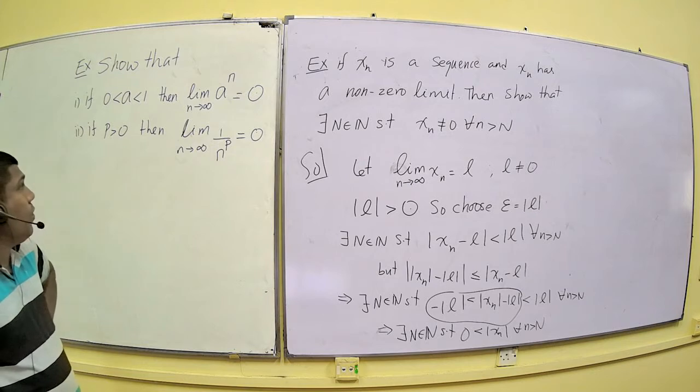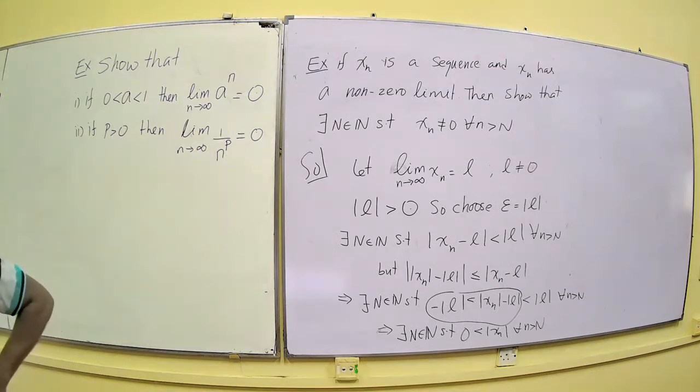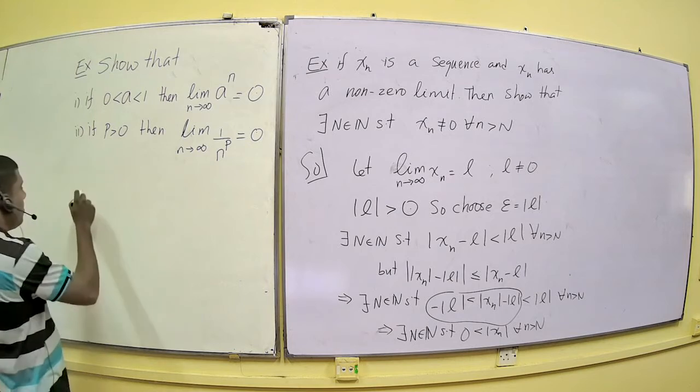They ask you to show that if a is between 0 and 1, a to the power n will converge to 0, and also if p is greater than 0, then 1 upon n to the power p will also converge to 0. So I will give you a hint.